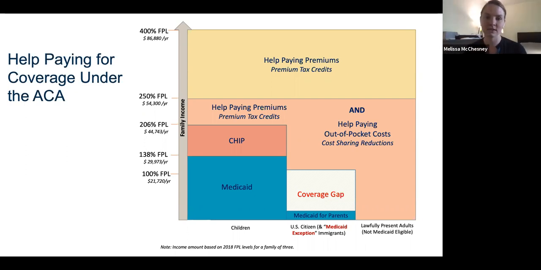Between the poverty level and 250%, you're getting both premium assistance and access to health plans that have lower cost sharing. What does that mean? That means the out-of-pocket costs are lower. The deductible is often lower. Your copays when you go see a doctor or go to the ER are lower, and those are built into the plan. So when you're in that income range, you get access to those plans to enroll into them.